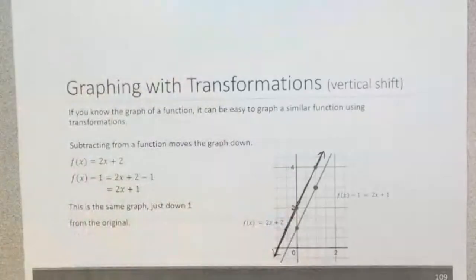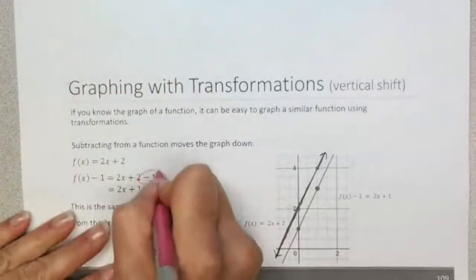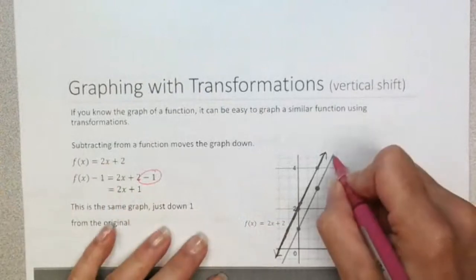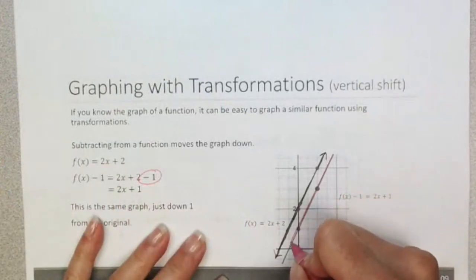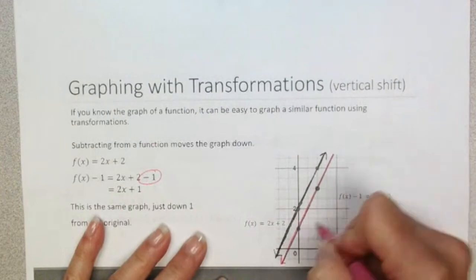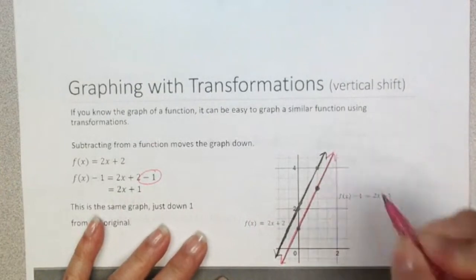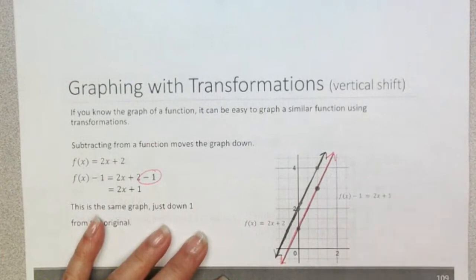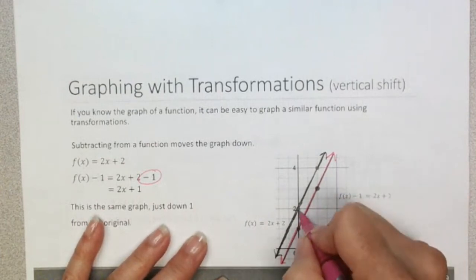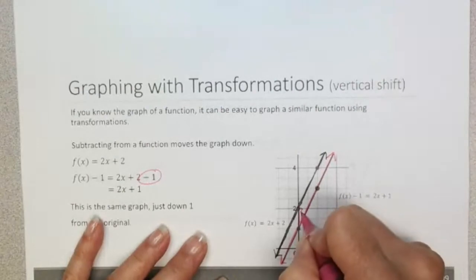That new graph gets shifted down 1 unit because I'm subtracting 1 from it. And the new graph is here, the pink. That's the graph of f of x minus 1, or 2x plus 1.